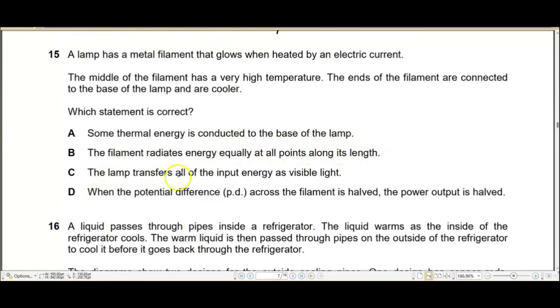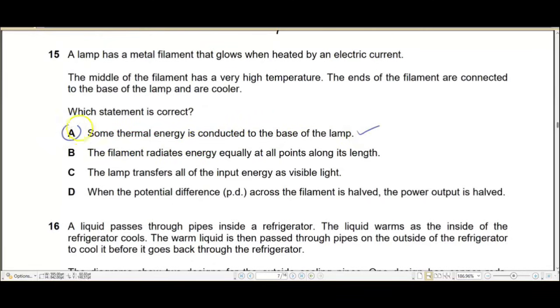C, the lamp transfers all of the input energy as visible light. D, when the potential difference across the filament is halved, the power output is halved as well. The answer to this question is that some thermal energy is being conducted to the base of the lamp.